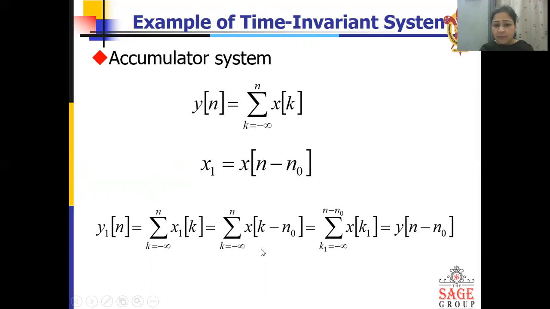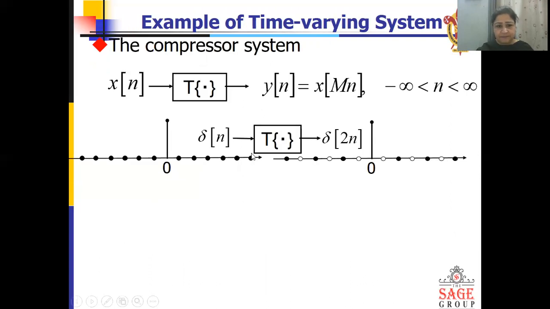Say I substitute k minus n naught as k1. Since my variable is changed, the limits of this variable will also be changed. So the new limits of k1 are minus infinity to n minus n naught, the summation of x[k1], which is y[n minus n naught]. That means I get the same output, but it is delayed by the same amount by which the input was delayed. So this system is a time invariant system.